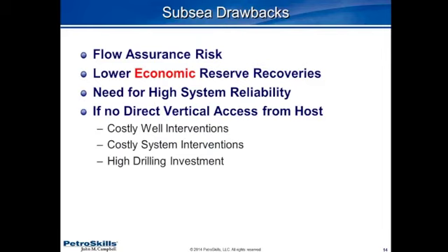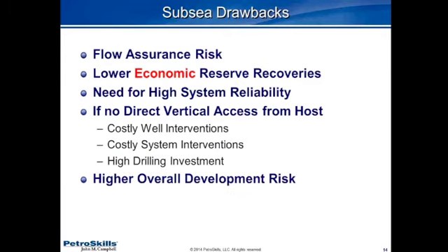The lack of the simple direct vertical access is reflected in these costly well interventions, costly system interventions, and the high initial drilling investment if wells are drilled with a mobile drilling unit.